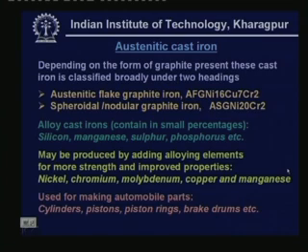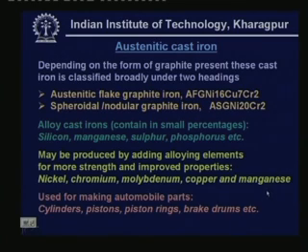These types of austenitic cast irons are mostly used for making automobile parts. Cylinders, pistons, piston rings, brake drums, etc., are all made of austenitic cast iron. You can see these are very important parts, but we still make them in cast iron because it will meet the desired criteria while designing cylinders, piston rings, brake drums, etc., and at the same time the components will be relatively cheaper.